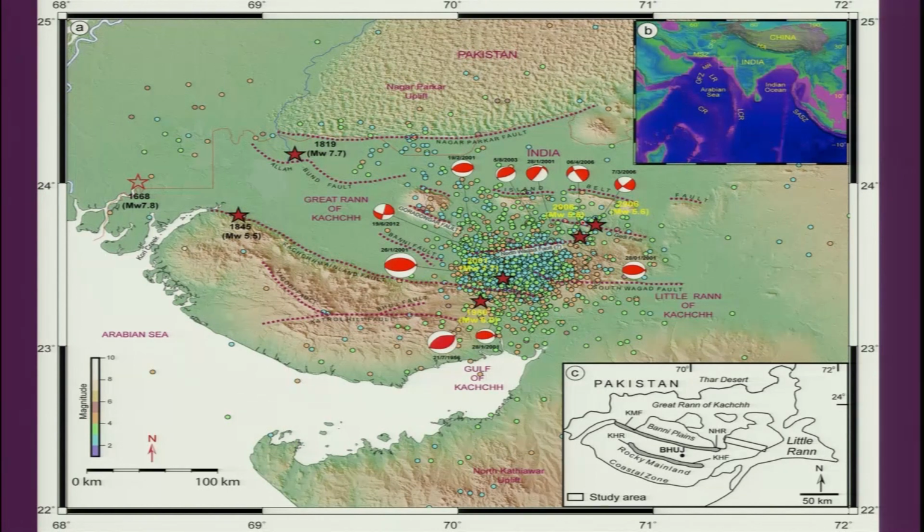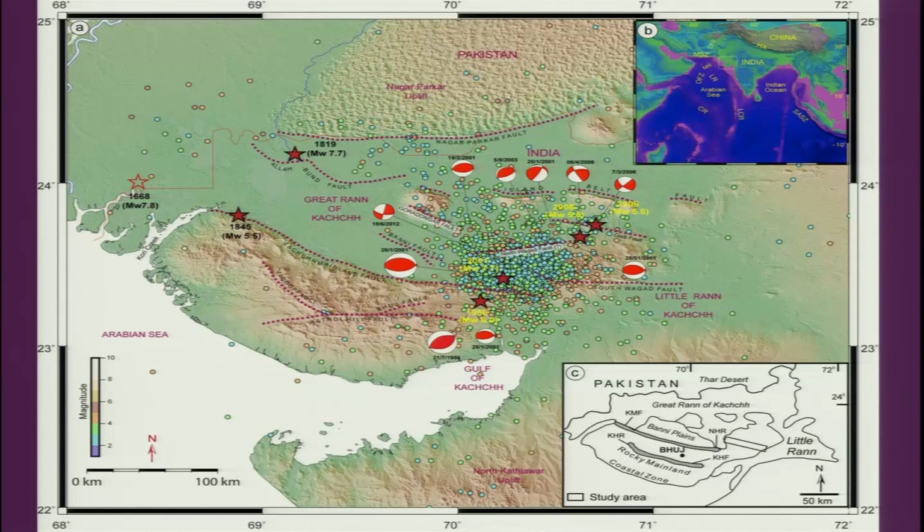And a similar phenomenon was observed in the 2015 earthquake along the Himalayan region, that was the Gorkha earthquake. So 2015 was one, and then immediately after a month another earthquake was triggered, which was of similar magnitude.